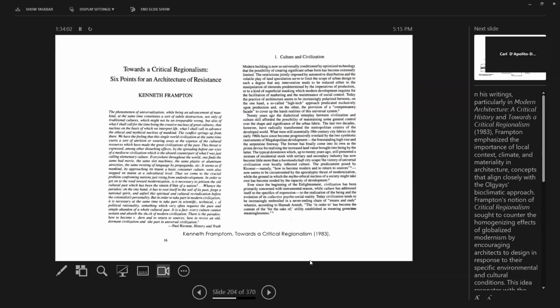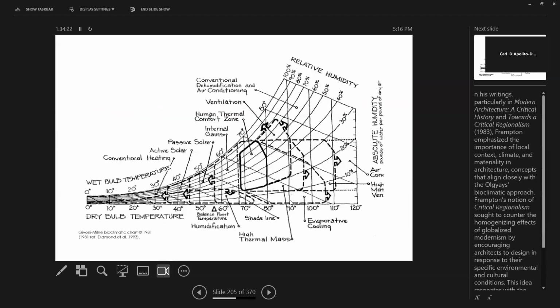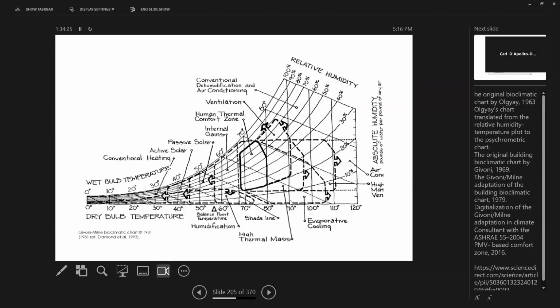I'll go over this with you later, but we can very easily plot things on Victor Olgay's chart and see whether you can be comfortable by blowing air over yourself. That chart is outdated. It was updated by Giovanni in 1969, and then again in 1979.